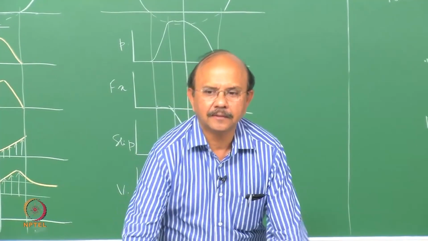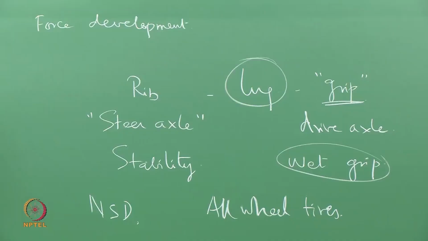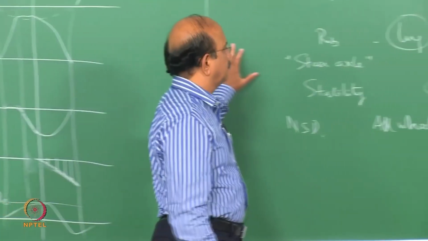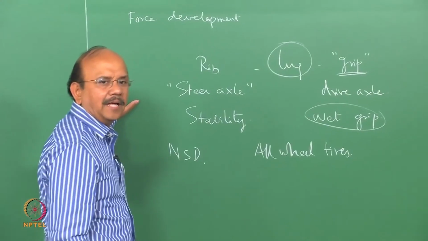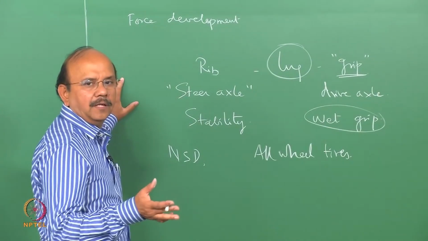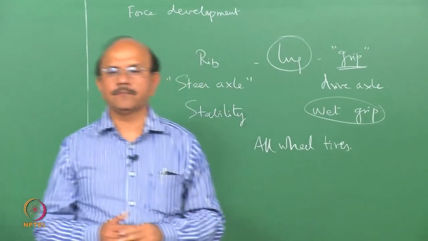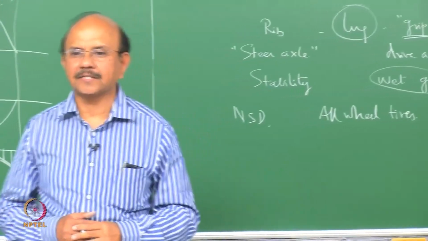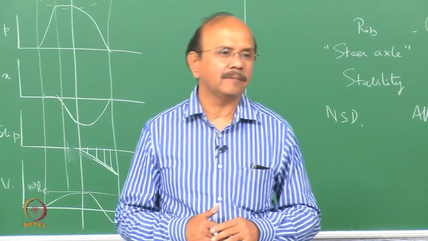Because these tires have less rubber, and because of this kind of construction, usually the rib tires have much less rolling resistance, and the noise characteristics are much better.